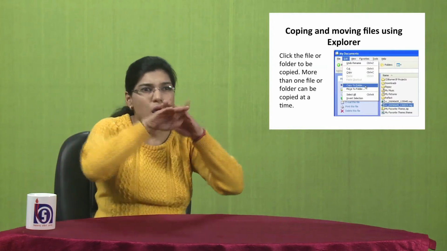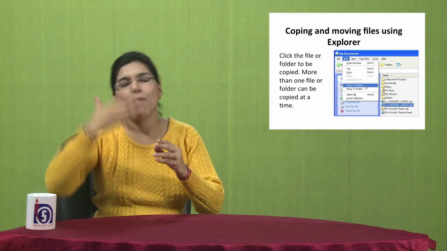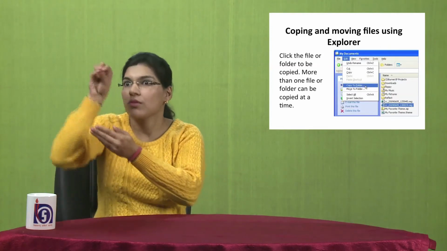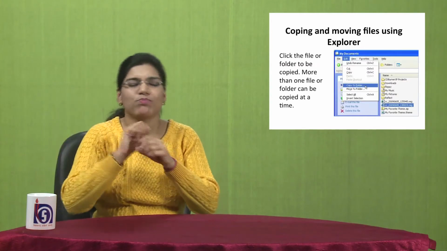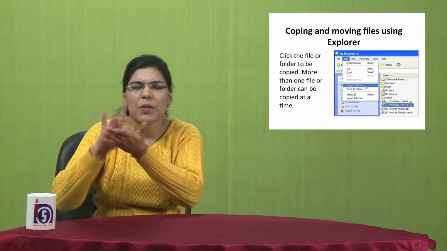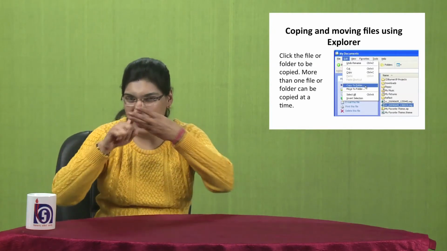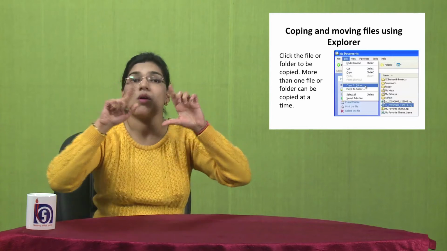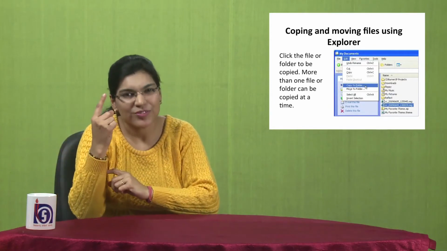So, copying and moving files from Explorer, how to do it? Click the file or the folder to be copied. More than one file or folder can be copied at the same time, as you see in the picture. These files can be moved according to you.